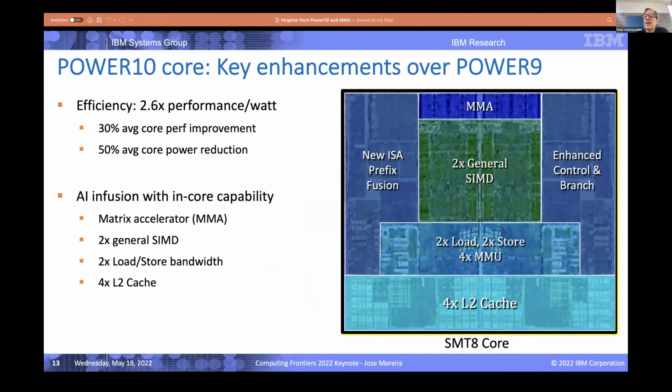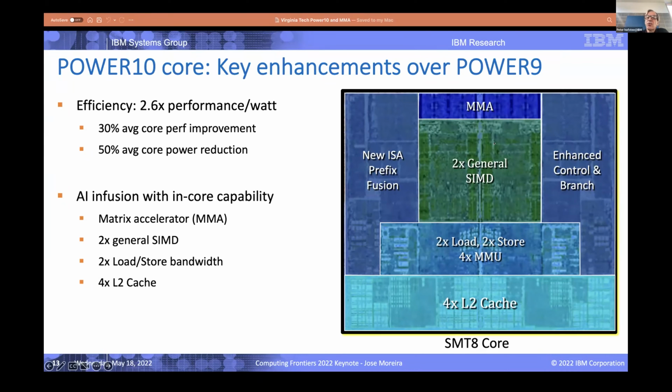Okay, so now let's start talking a bit about the core and this matrix multiply assist. In general, going from Power9 to Power10, we improve performance efficiency by a factor of 2.6, and we added quite a bit of AI and enhanced floating point capability with the matrix multiply assist.